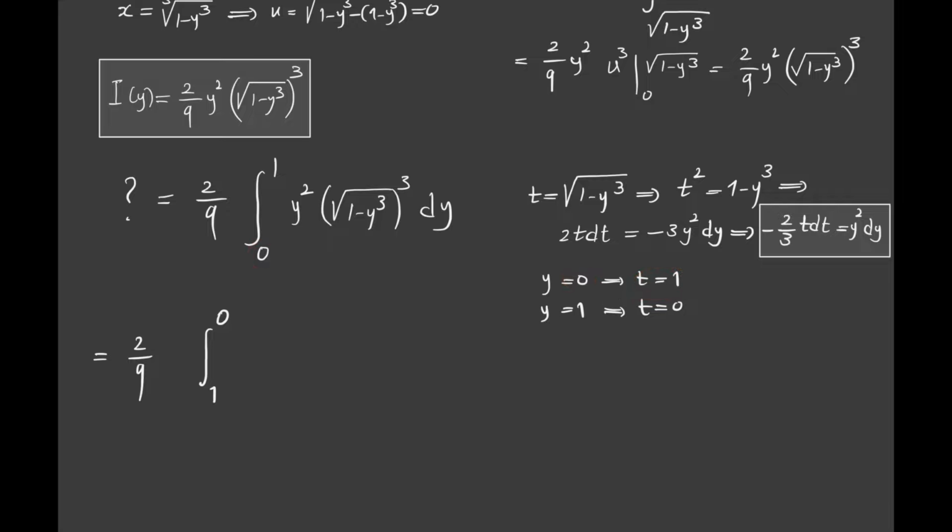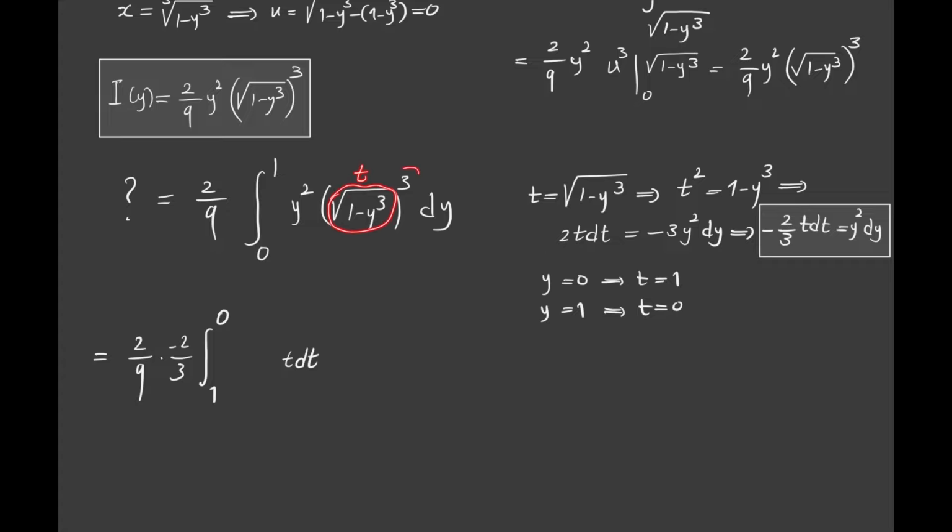Okay, and then instead of y squared dy, I put this expression, but minus 2 over 3 is a constant, so I pull it out and put it here. So it is minus 2 over 3. But now, instead of y squared dy, I have t dt inside. But if you see, this is my t.